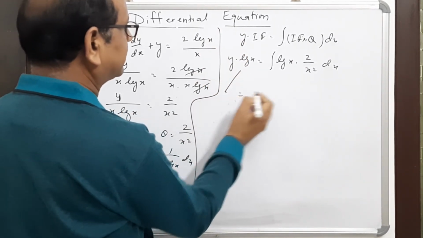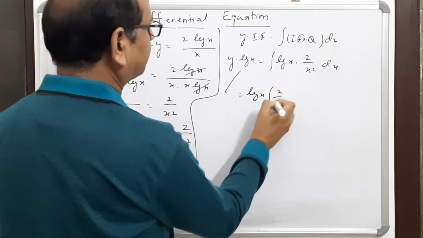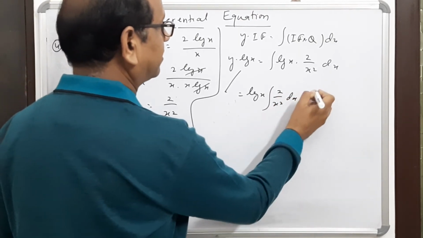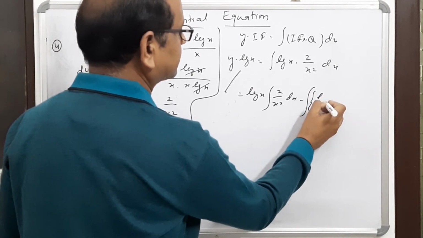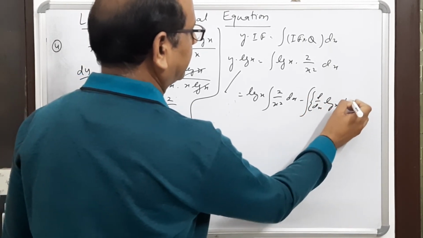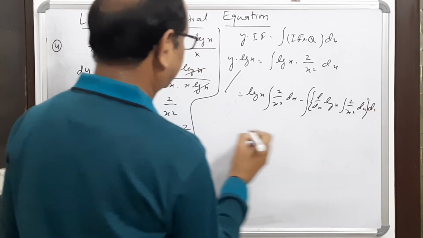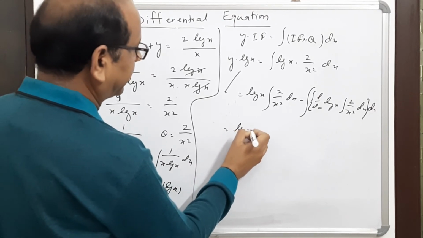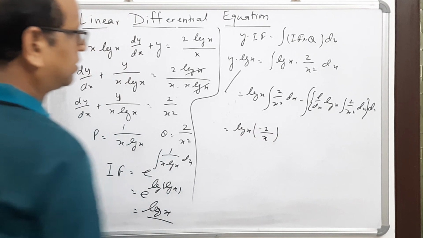This part will be as it is: log x, integration of 2 upon x square dx, minus d by dx of log x and integration of 2 upon x square dx, whole dx. So this part will be log x, integration of this will be minus 2 upon x.